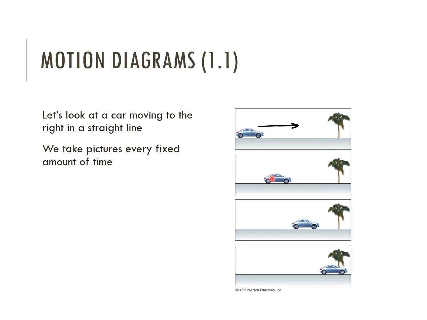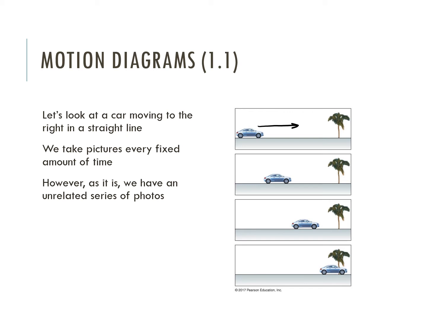So this here is a series of photos that I've taken and they're all individual. And I can see that the car is approaching the palm tree. Each one of these photos is kind of a series of unrelated photos as it is.